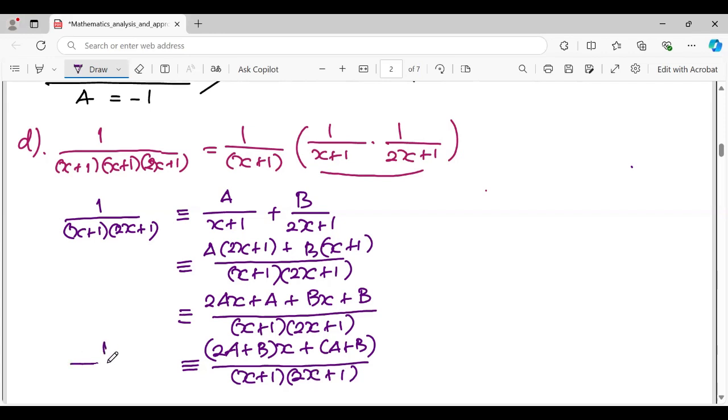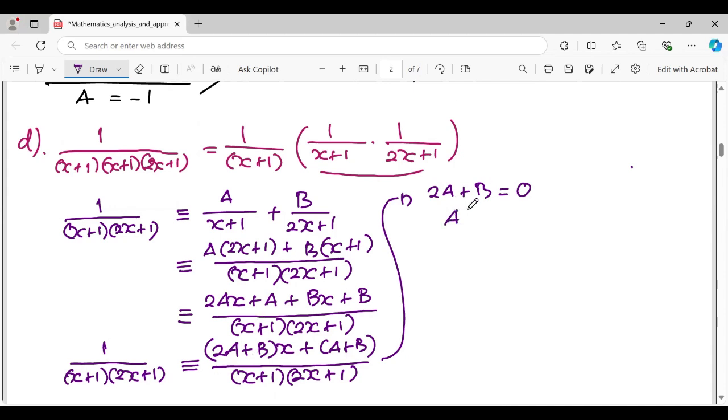This is 1 over x plus 1 times 2x plus 1. So through this equation, we can write that 2A plus B equals 0 because there is no variable x here, only 1.